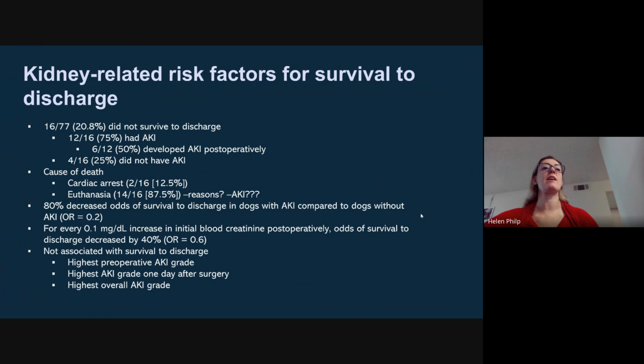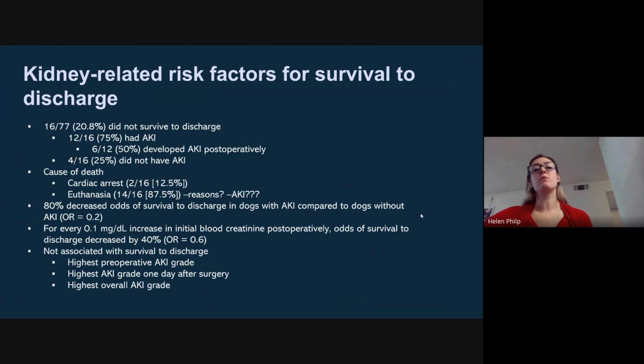in dogs with AKI. But looking at the cause of death, the vast majority were euthanasia, and they say, due to concern for their poor prognosis or financial reasons. And it's difficult with euthanasia just to tease out what was the actual reason for euthanasia? Were these dogs declining very rapidly and they were going to die anyway?